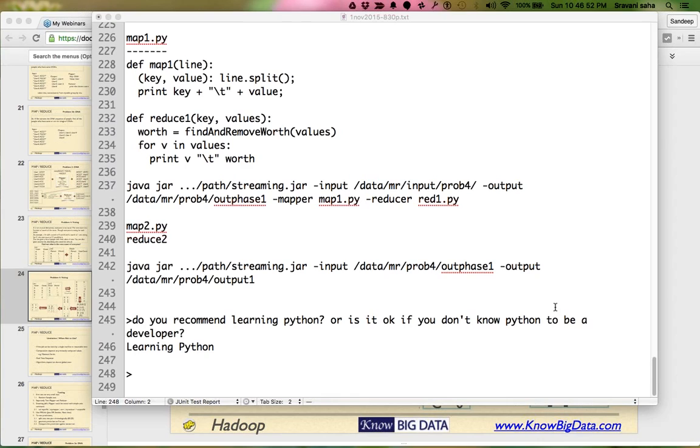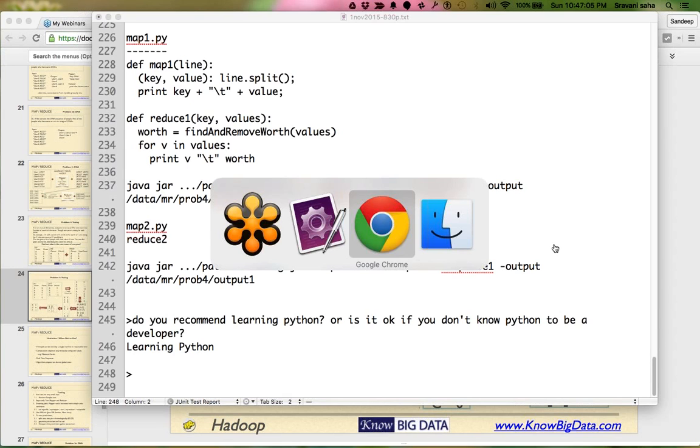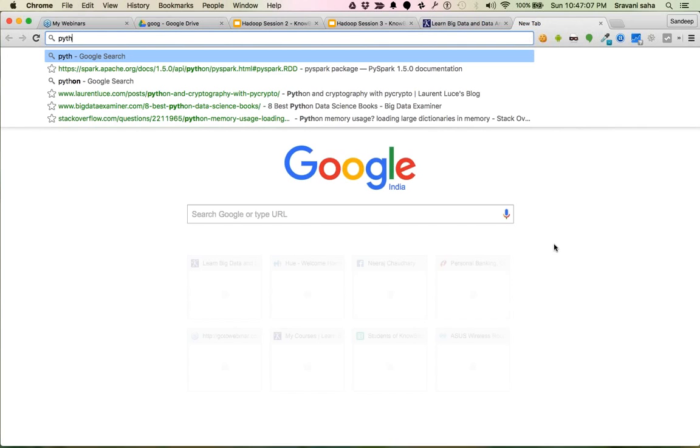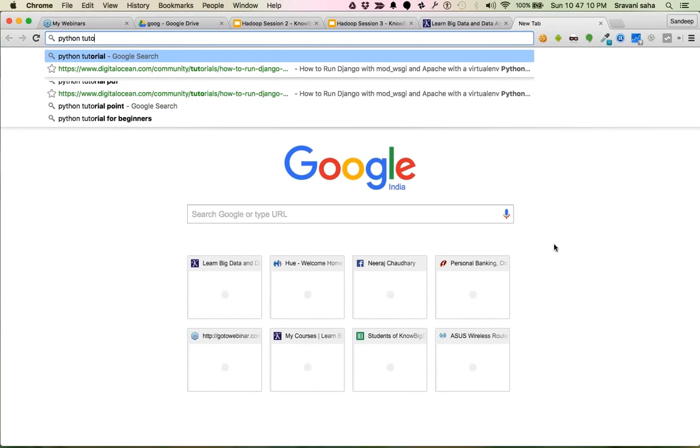Bala's question: if you know Python, can you survive in the market? Okay, I'll just tell you which Python tutorial I'm talking about, and then I'll answer Bala's question.